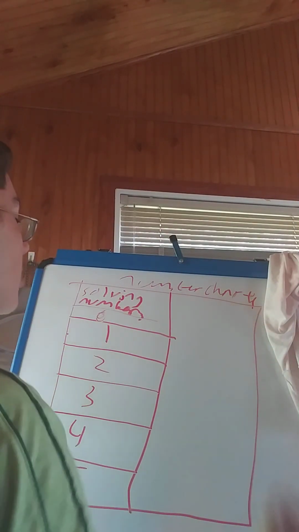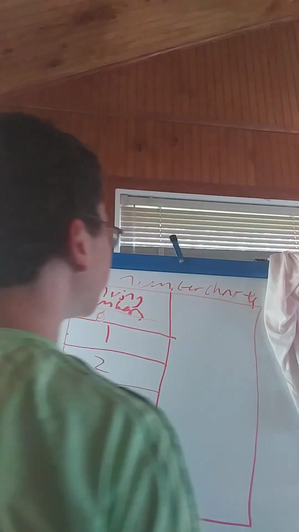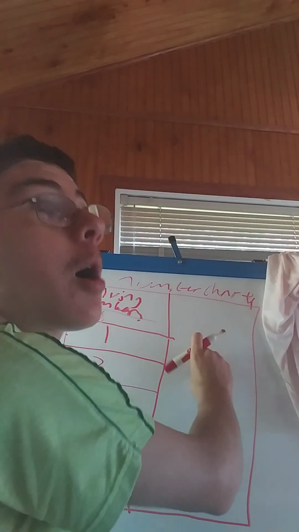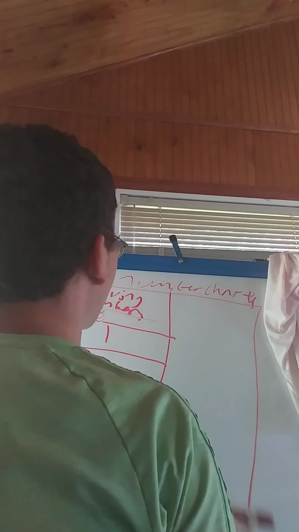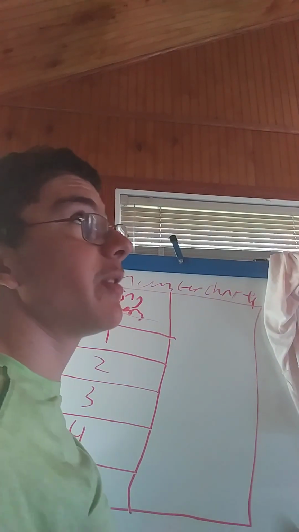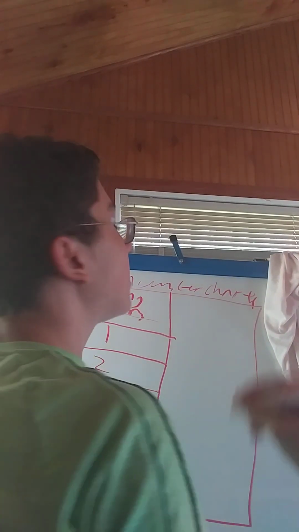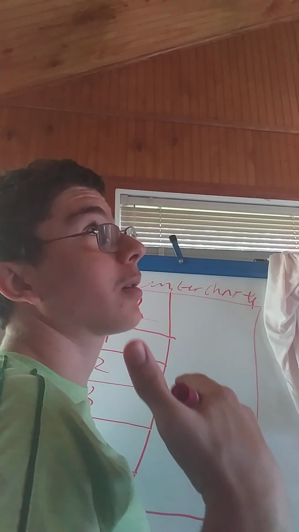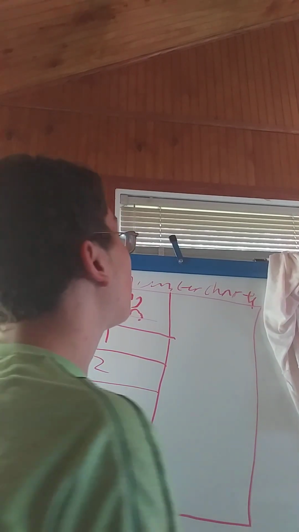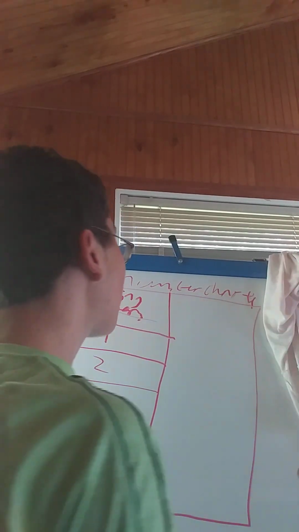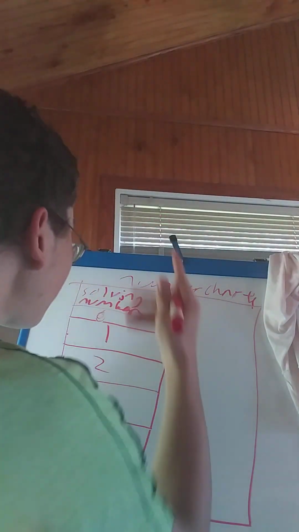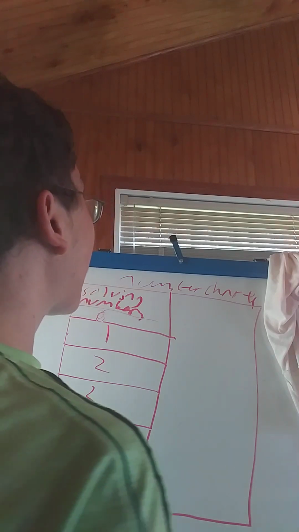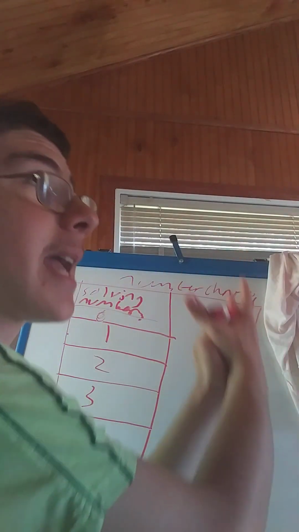Then on the next column, the next half of it, you can make separating lines, but it's an option. So these are your solving base numbers, and this is going to be your answers.